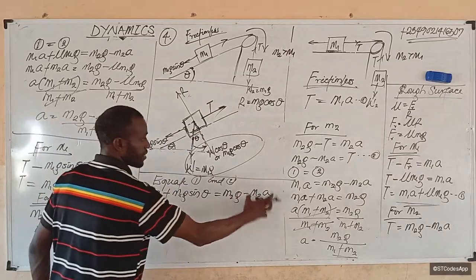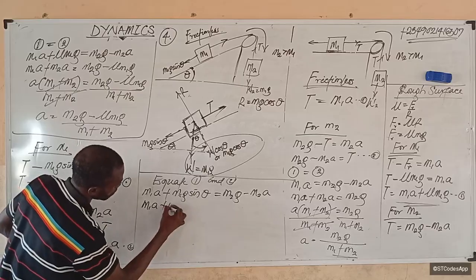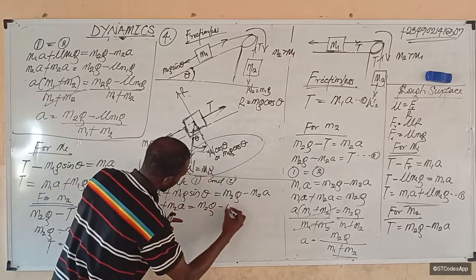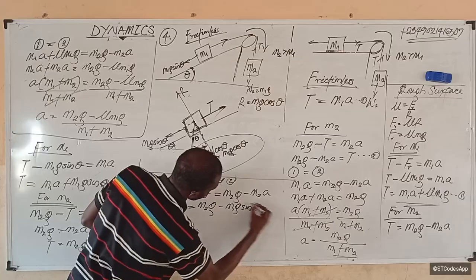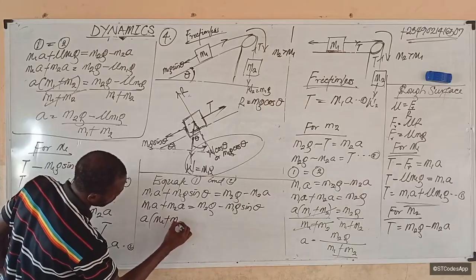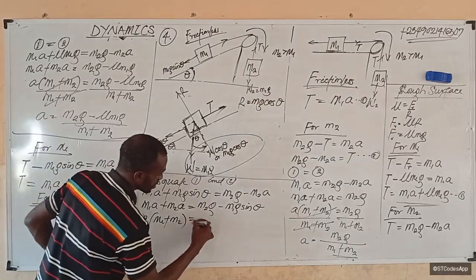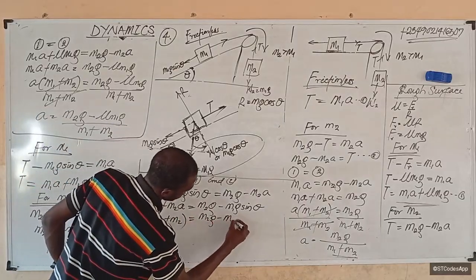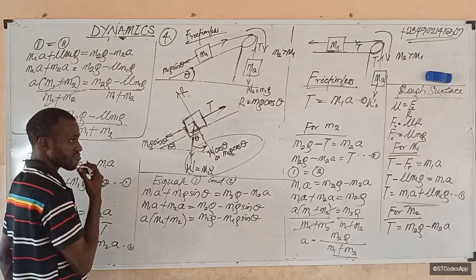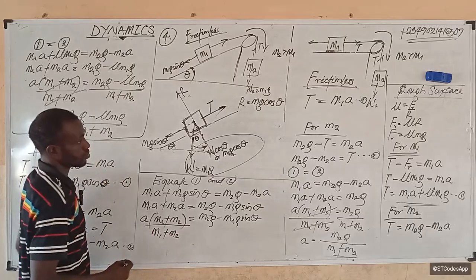We collect the terms that have acceleration together because that's what we want to determine. So m1a plus m2a is equal to m2g minus m1g sine theta. Then a into bracket m1 plus m2, we are factorizing a out, equals m2g minus m1g sine theta. Okay? So by the time we divide both sides, we have m1 plus m2, right?